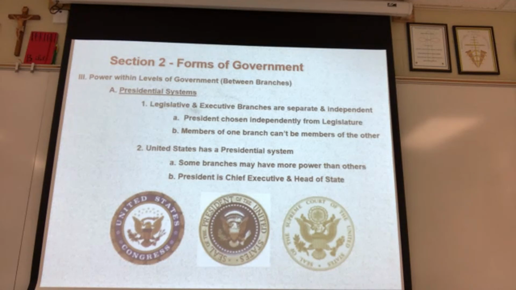Okay, they're separate. You can't be in both. I told the story about Obama. When Obama was elected, he was in the Senate. He had to give up that seat to become president. Can't be in both. Just like Kamala Harris. If Biden wins, she's a U.S. Senator. She'll have to give up that seat in California.